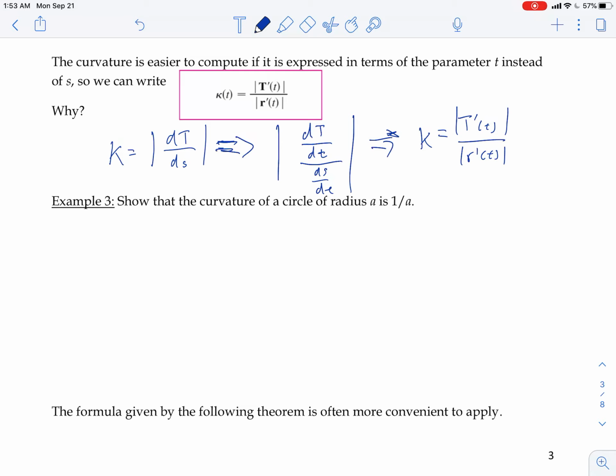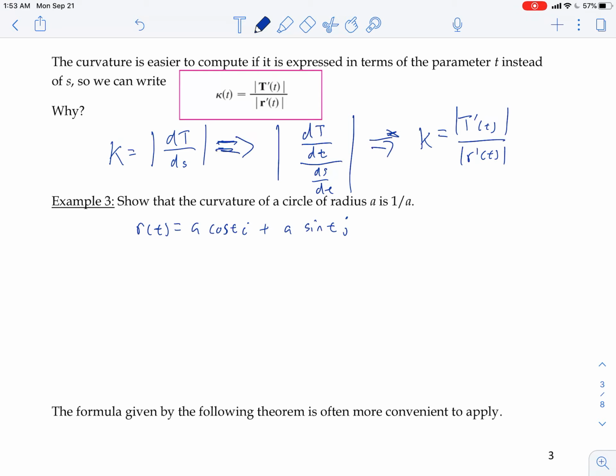We can take the circle to have the center at the origin. And then a parametrization is, we can write r of t is equal to a cosine t i plus a sine t j.